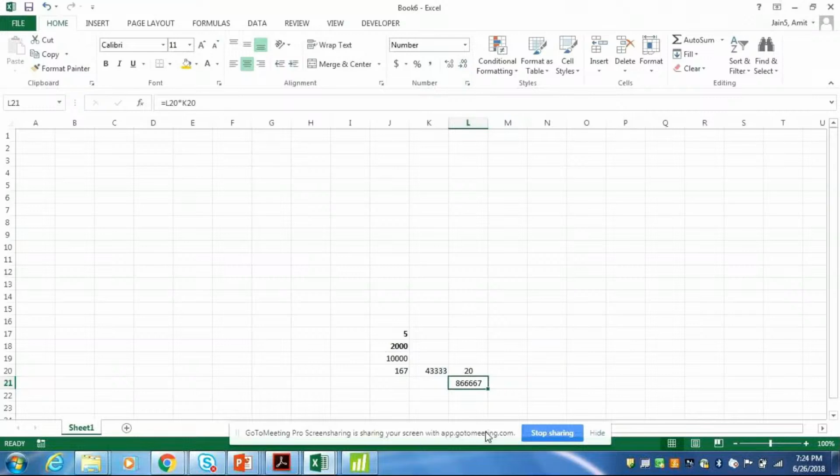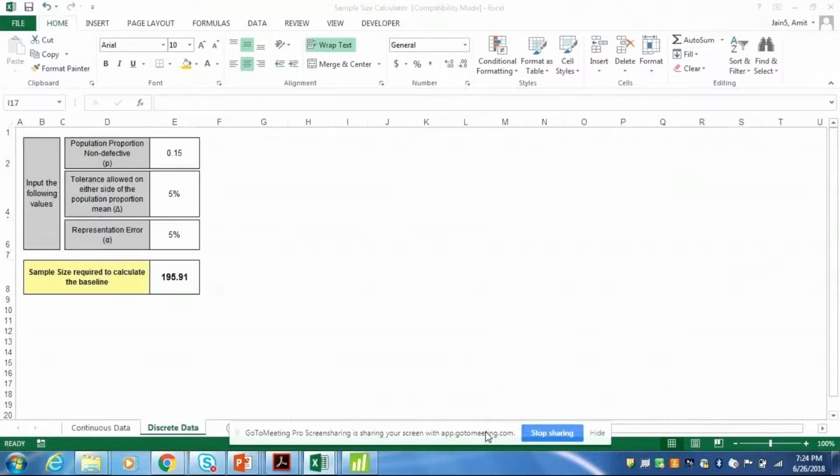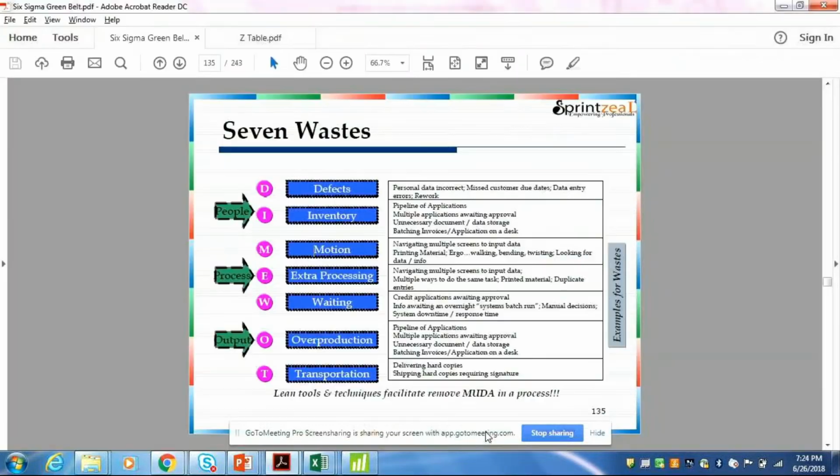So the organization has wasted $866,000 a year only because of this 5 minutes per person of motion waste. For one individual it might not sound that alarming, but if you consolidate it together, it actually makes a substantial difference.